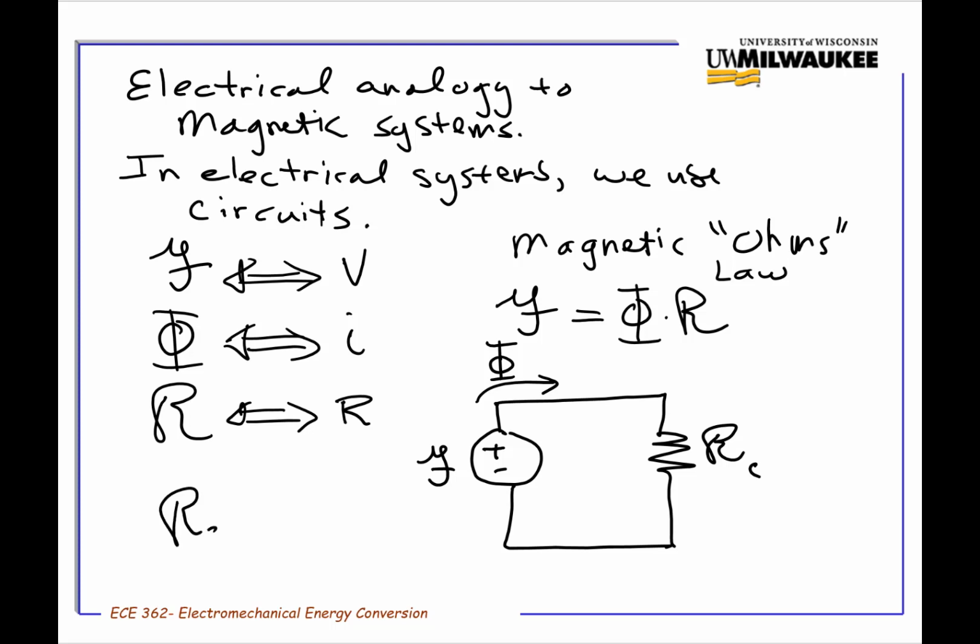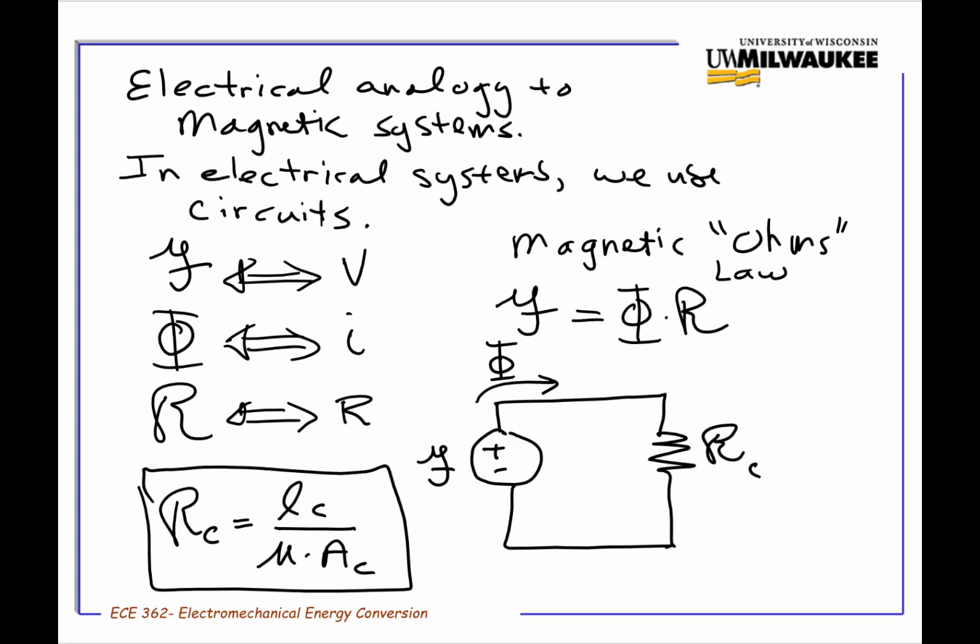And the reluctance of the core is equal to the length of the core over the permeability of the core and the cross-sectional area of the core. Any questions about that?